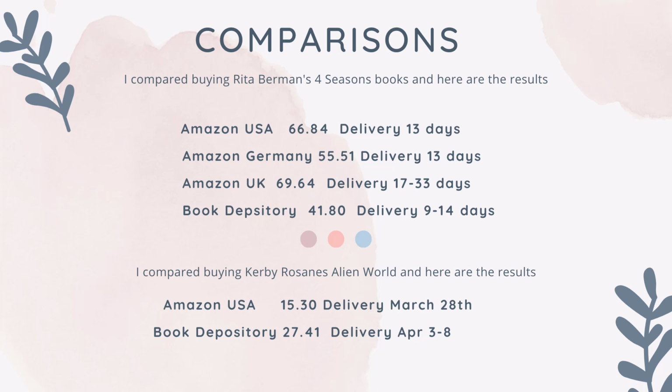However, when I compared buying Kirby Rosanes' brand new book, Alien World, here are the results. Amazon USA, $15.30, delivery March 28th, the day that it's released, and Book Depository was $27.41 with a delivery of April 3rd through the 8th. I will say you just have to check, and I realize that's a pre-order.